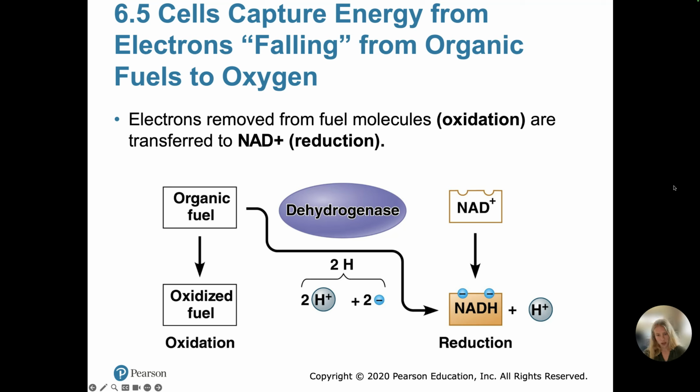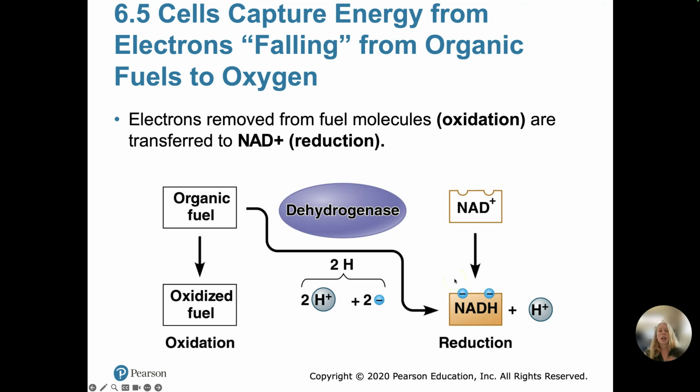Another thing I want you to be aware of before we start talking about the stages of cellular respiration is that electrons removed from the organic fuel molecules, which means an oxidation occurs, are then transferred to an electron carrier, such as NAD+, which would be a reduction. So our organic fuel, which is typically glucose, is going to lose 2 electrons.